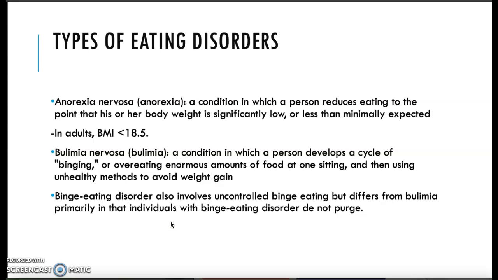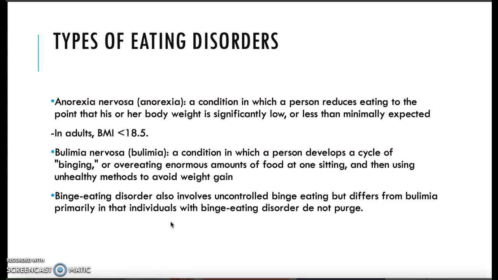Types of eating disorders. Anorexia nervosa is a condition in which a person reduces eating to the point that his or her body weight is significantly low or less than minimally expected. In adults, the BMI is usually less than 18.5.